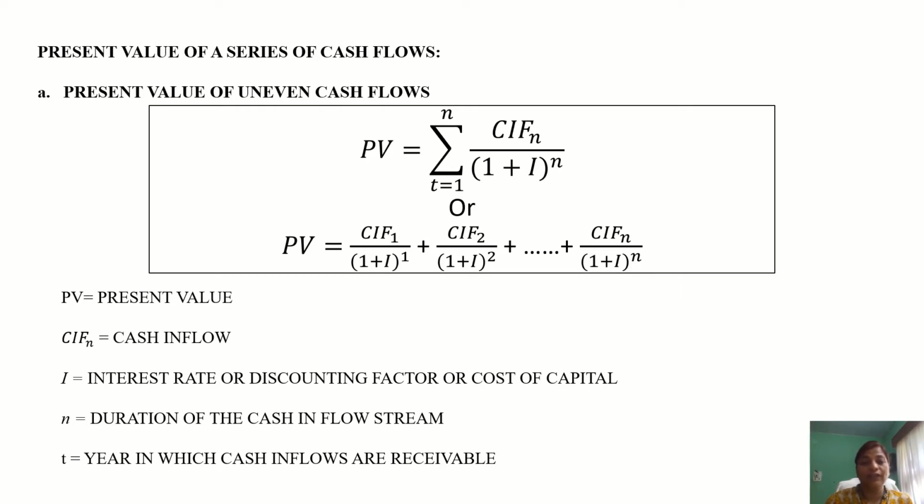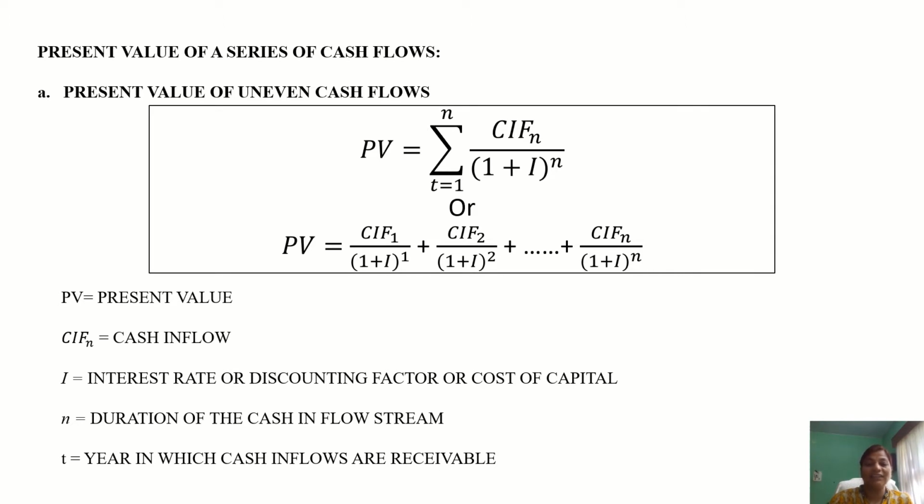To calculate the present value of uneven cash flows, we have the following formula. The present value is equal to the summation from t equal to 1 to n of CFt divided by (1 plus i) whole power t. Here PV is the present value, n is the period, that is the duration of the cash flows, so we take t from 1 to n.